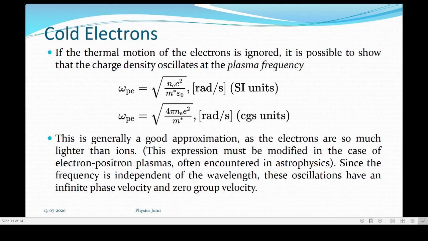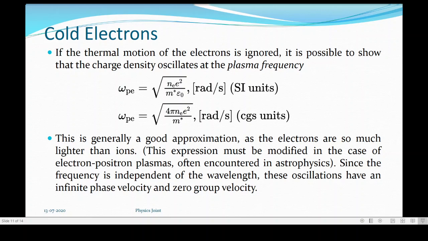So we know that the plasma frequency is equal to the square root of electron density times electron charge squared, e squared, divided by mass times epsilon naught. Here I have put m star, the effective mass. You can put m_e if you want. This is generally a good approximation as the electrons are very light compared to the ions.